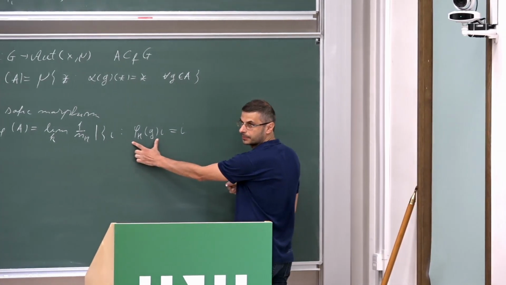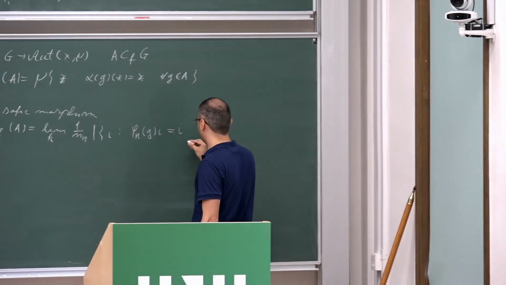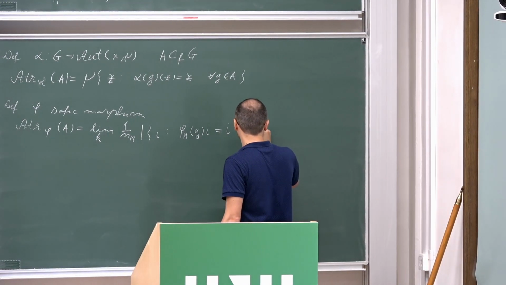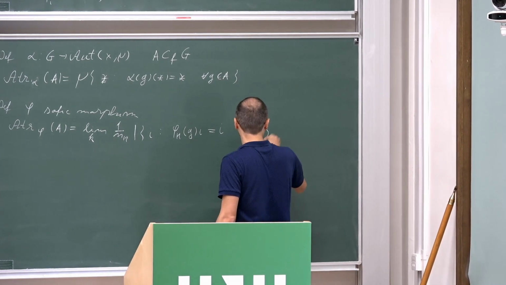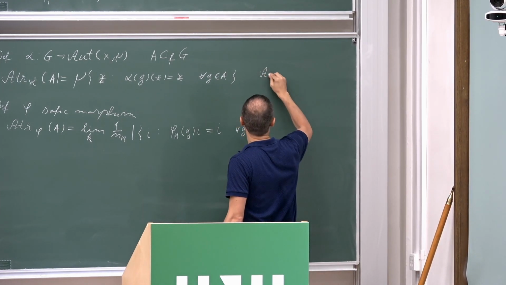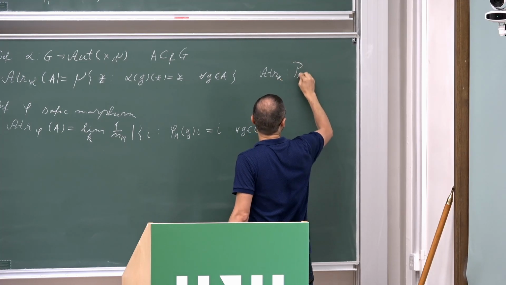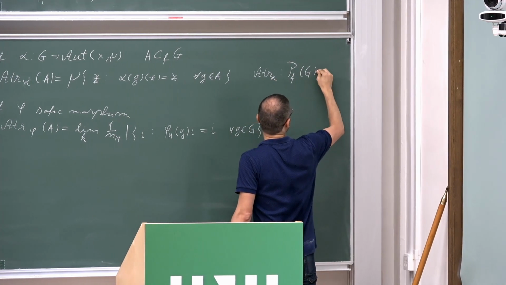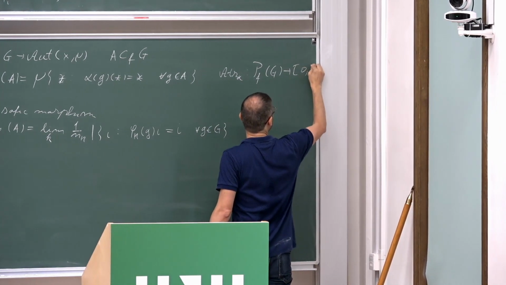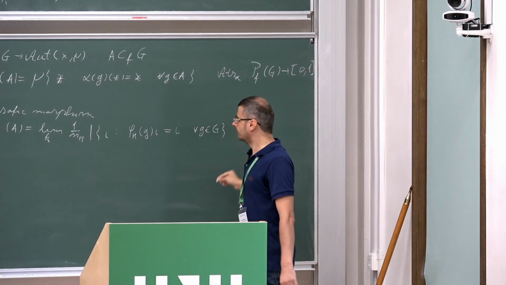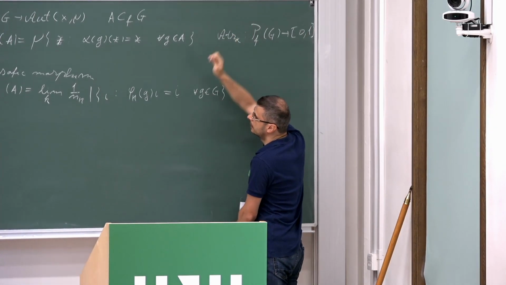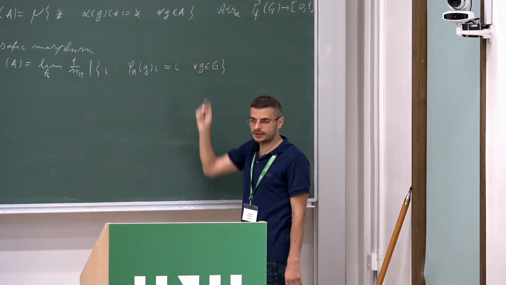So phi_k of g is a permutation, and this is for each g in A. So those action traces are now functions from the finite subsets of G to basically [0,1]. It is hard for me to convince you in this language that these 2 are the same definition.